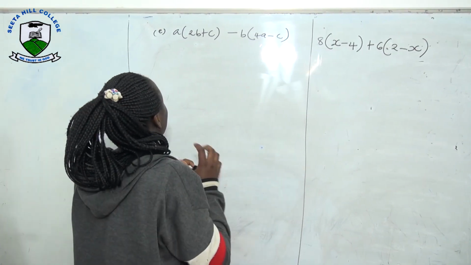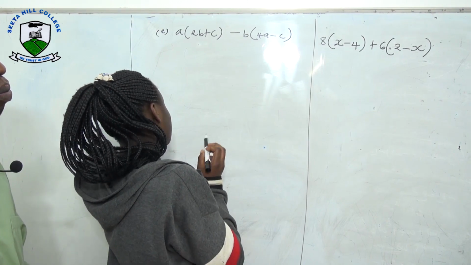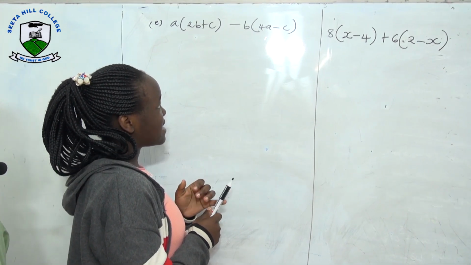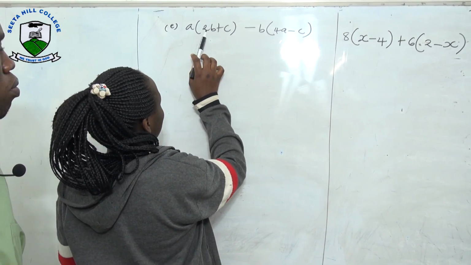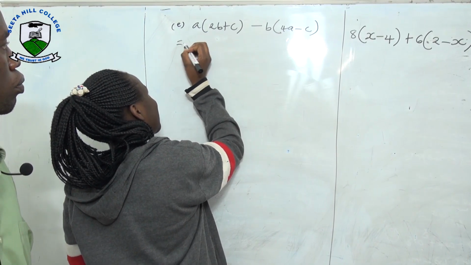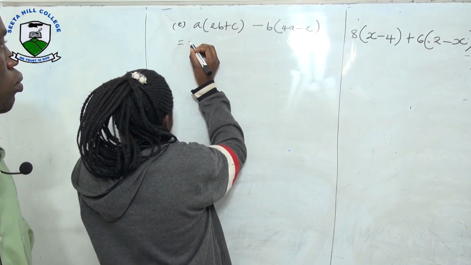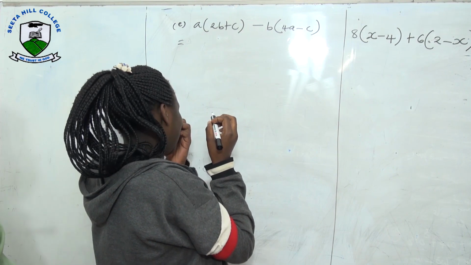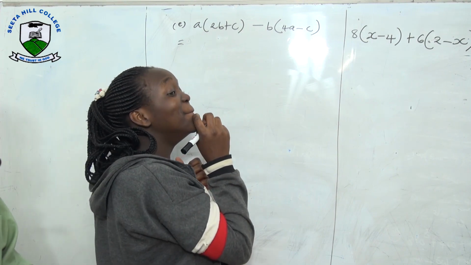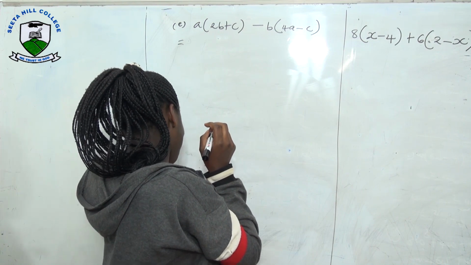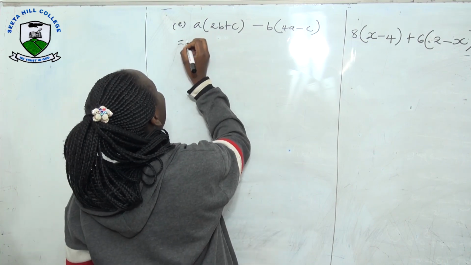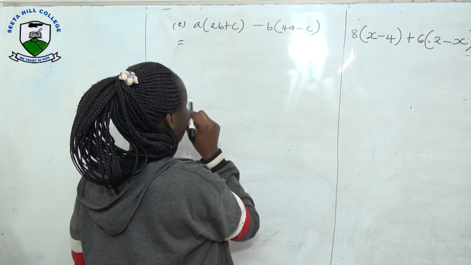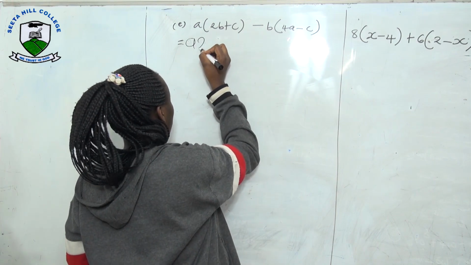The question is saying, work out A into brackets 2B plus C minus B into brackets 4A minus C. So A times 2B equals A 2B.